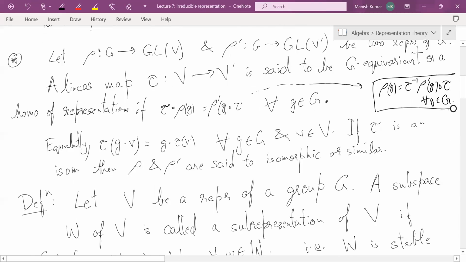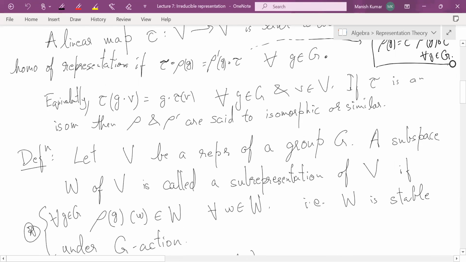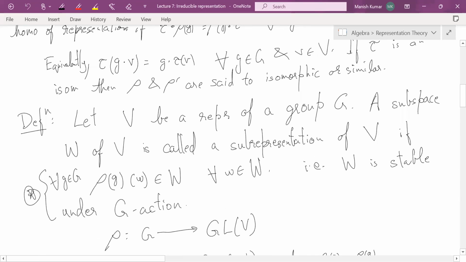Let V be a representation of a group G. This we defined last time. Sub-representation: a subspace W of V is called a sub-representation of V if this condition holds.